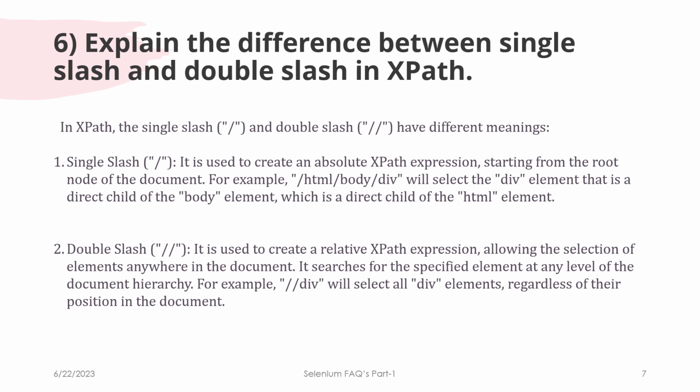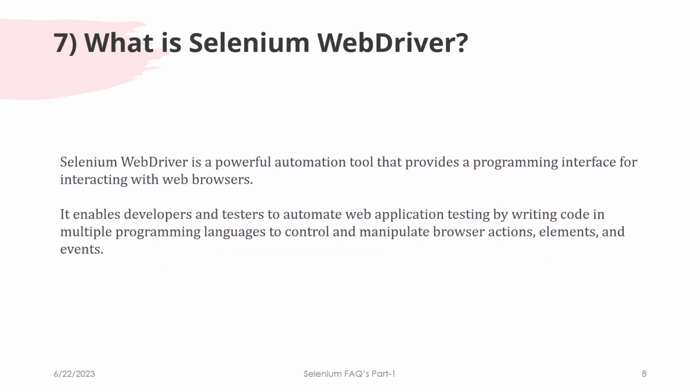So mostly we will be using a relative XPath expression only. We'll have different kinds of expressions with ID, class name, and text contains. There are different methods to use the relative XPath. We'll see that later.